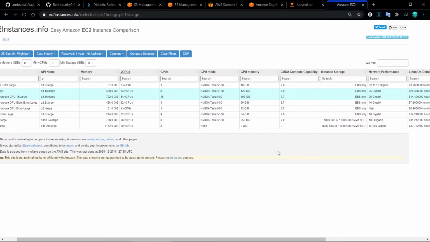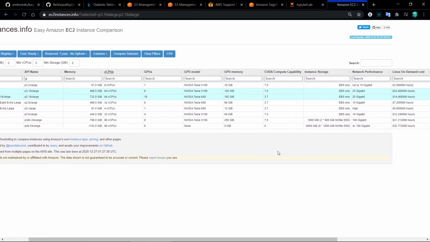We are already paying $24 an hour, and we'd be paying $14 an hour for the 192 gigs of GPU memory. The CUDA compute capability doesn't matter that highly, but first of all, we need the GPU memory.